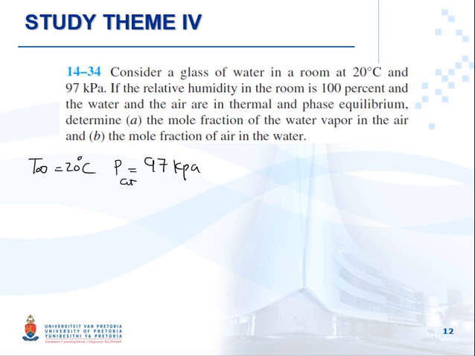If the relative humidity is equal to 100%, and the water and air are in thermal and phase equilibrium, determine A, the mole fraction of the water vapor in the air, and B, the molar fraction of air in water.